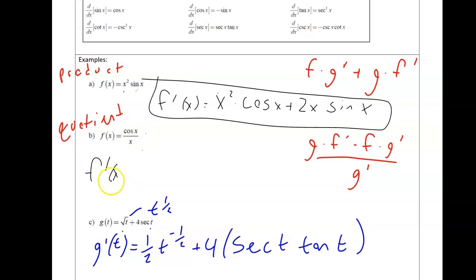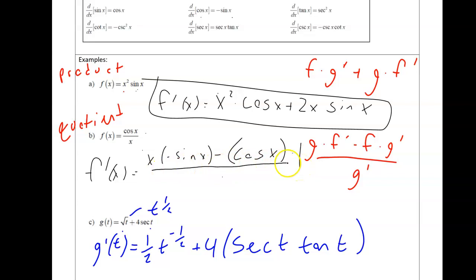So my derivative, f prime, is going to be the bottom times the derivative of the top, negative sine x, because the derivative of cosine is negative sine, minus my top function times the derivative of the bottom. So my top function is cosine of x, and you can write, if you want, we don't need to, times 1, and then all over x squared.